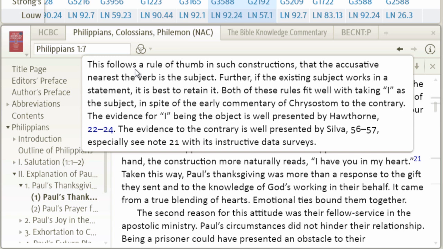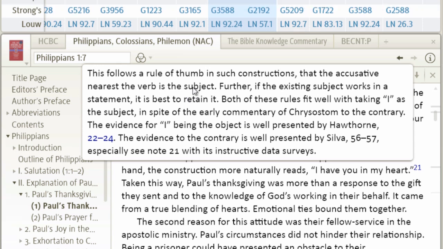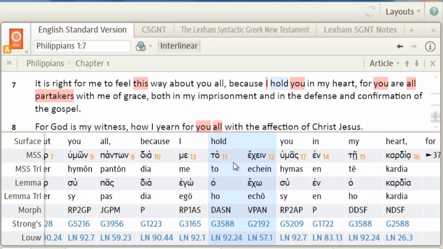So the reading that we have in the ESV, I have you in my heart, follows the rule of thumb in such constructions that the accusative nearest the verb is the subject.